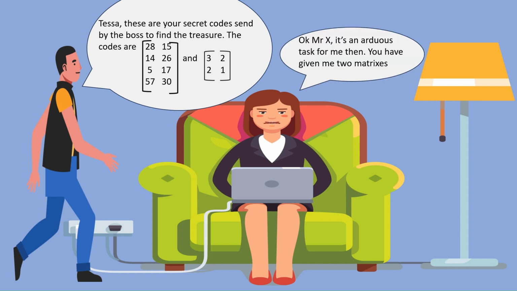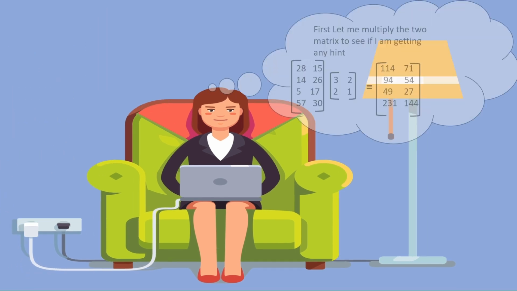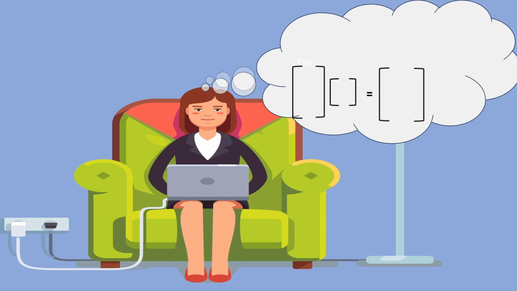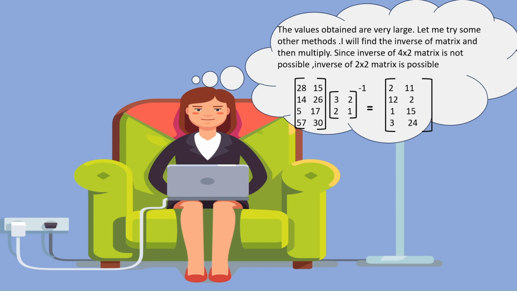Okay, Mr. X, it's an arduous task for me then. You have given me 2 matrices. First, let me multiply the 2 matrices to see if I am getting any hint. High values, difficult to get any hint. The values obtained are very large.